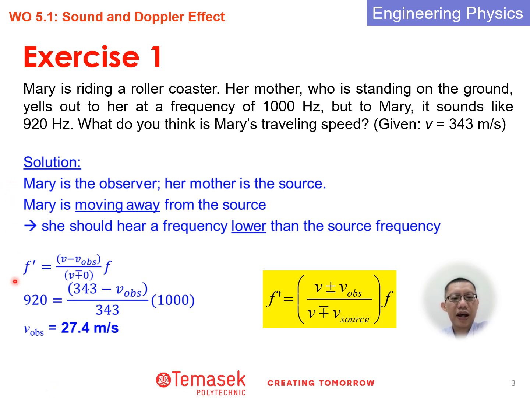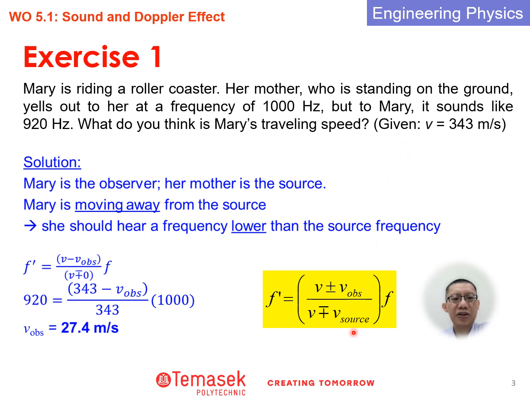F prime, which is the observed frequency, is 920 Hz. F, which is the original source frequency, is 1000 Hz. V is given to be 343 meters per second.